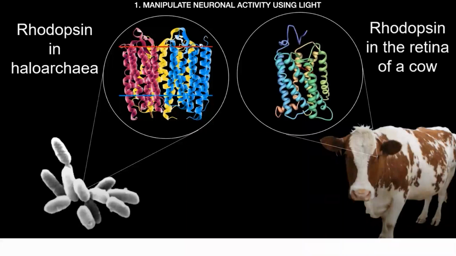For example, in the cow, but even in humans, we have rhodopsins in our retina, which are necessary for our visual system to work. So through light, these opsins allow the detection of light and the processing that allows us to have vision.